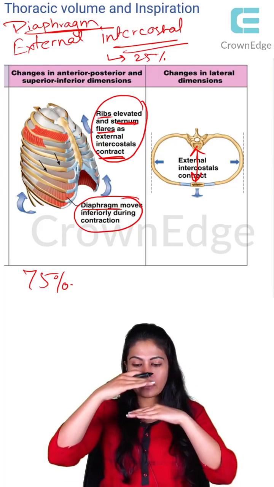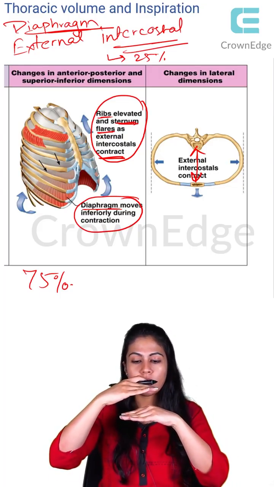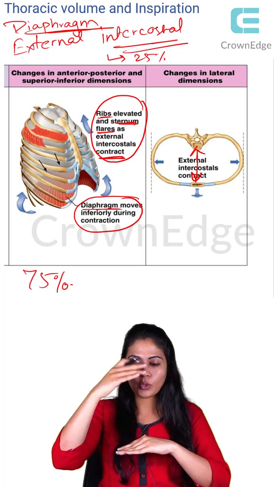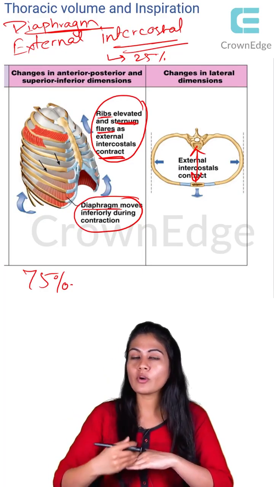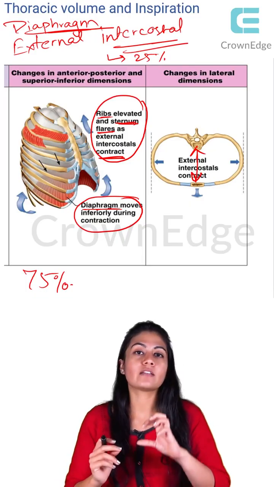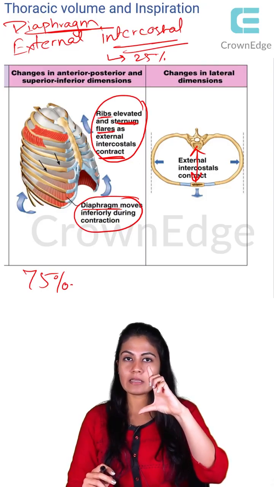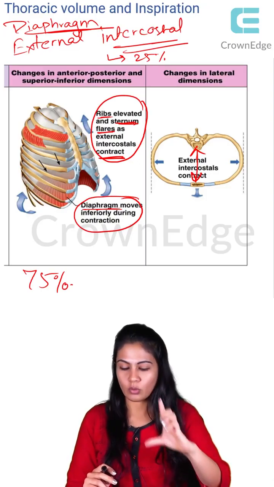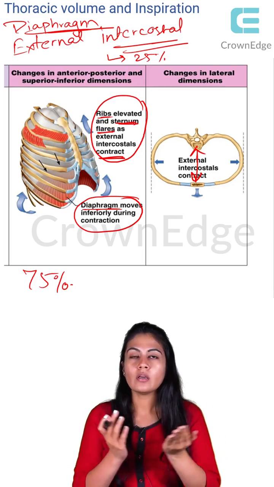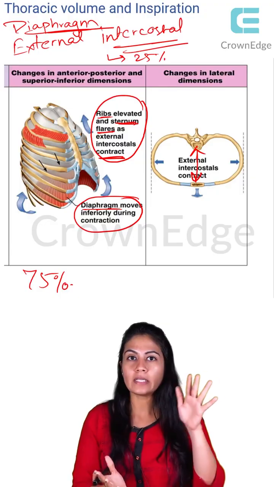Suppose this was the lung volume first; if the diaphragm moves downward, what will happen to the superior-inferior space? That also increases. So this dimension increases, and the up-to-down direction also increases. So the overall volume will increase.